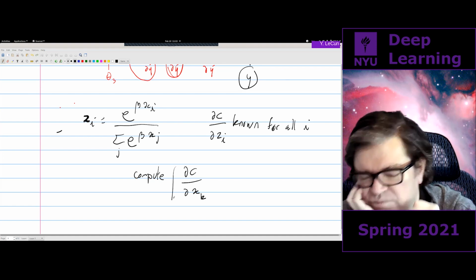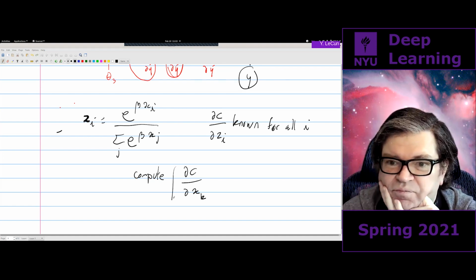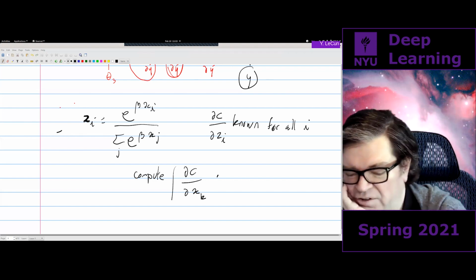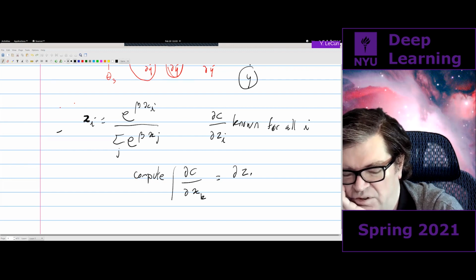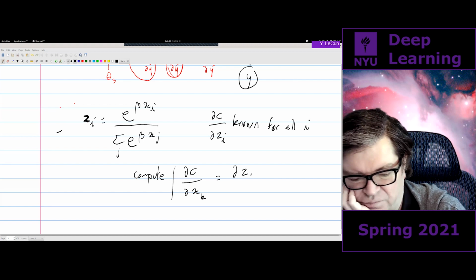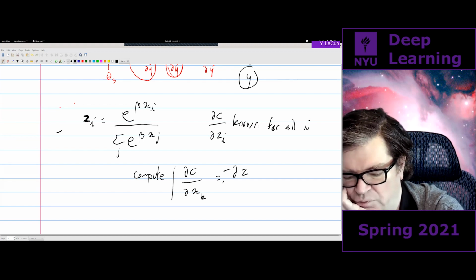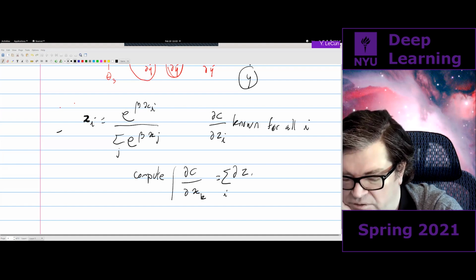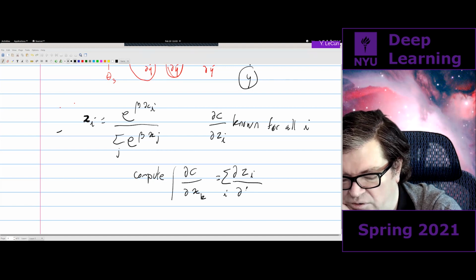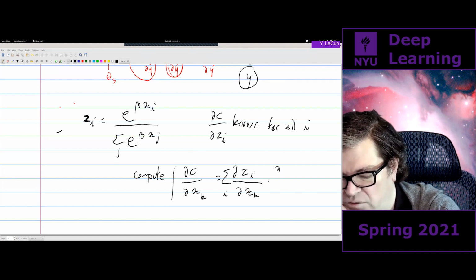What are those guys? Right? So what you can write is that they're going to be equal to the sum over i of dzi over dxk times dc over dzi.